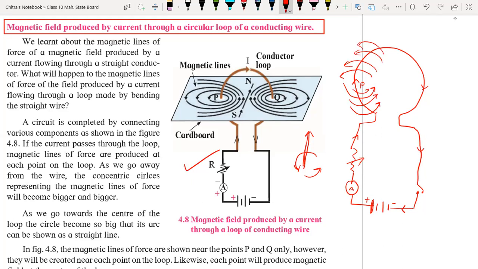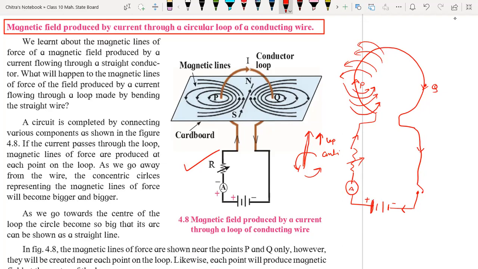And for point P, I am here drawing the point Q. So just think opposite. If the current is flowing in upward direction, then the magnetic field produced by that wire will be in anticlockwise direction.